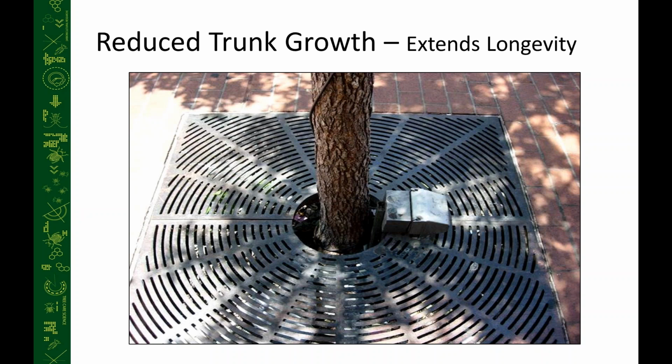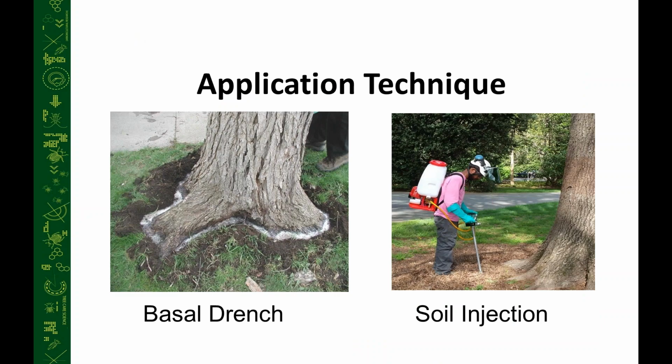So not only are we going to slow down this trunk growth, we're going to slow down that buttress root growth. If you have this large maturing tree planted right by a driveway, right by a sidewalk, we can help that plant live in that space for a longer period of time before it can start doing infrastructure damage like lifting and things like that. So another huge potential for this technology.